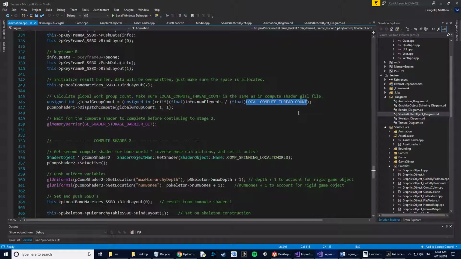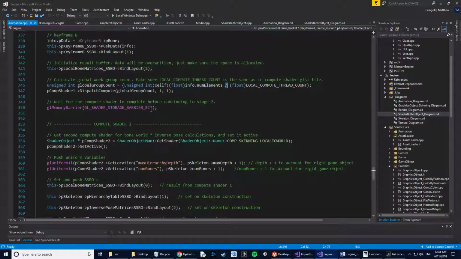That allows me to figure out how many global groupings I need, because each group takes care of this many, so how many groups do I need? I am using this ceiling function so that if this division ends up with a floating point number, I round up. And then in my GLSL file, I check if my thread ID is within the range of the buffer, because that can result in going out of bounds there.